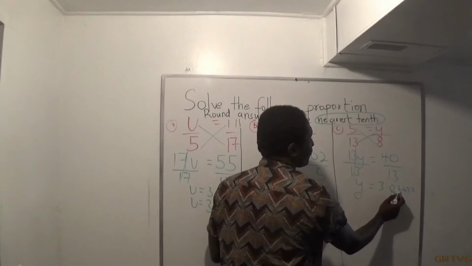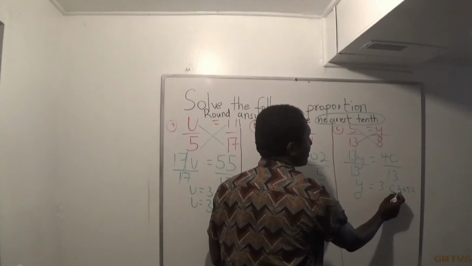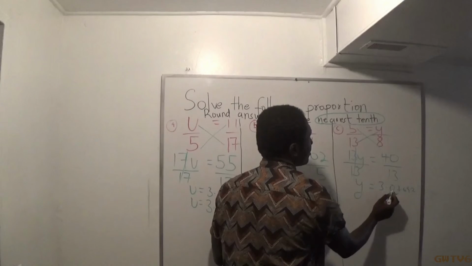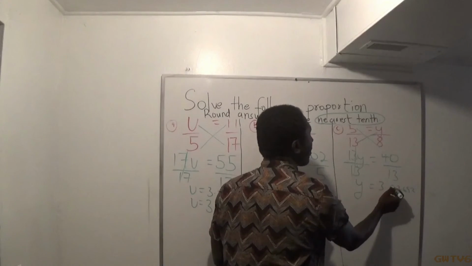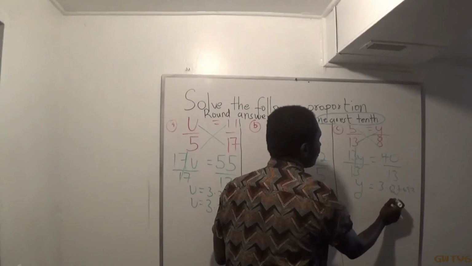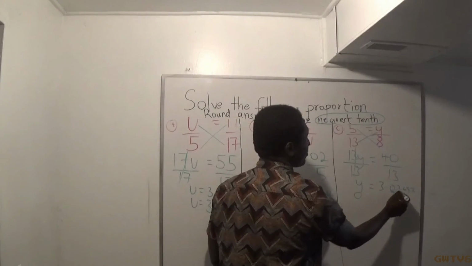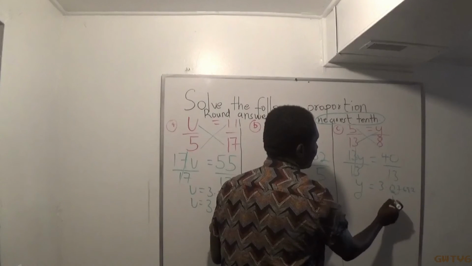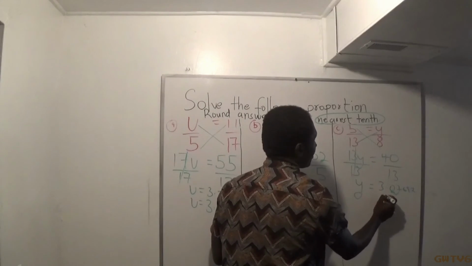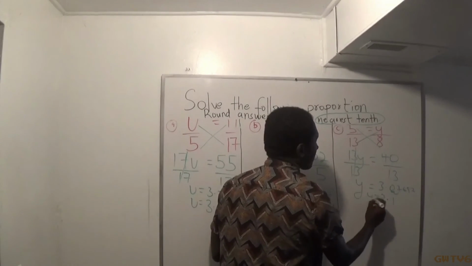If it was less than 5, this would stay the same, but this 7 is more than 5, so the tenth place is going to go up by 1. So instead of 0, it's now going to be a 1. This just helped me figure out what the tenth place was going to be, so I'm not going to need it. I'll bring down the 3. And that's it.